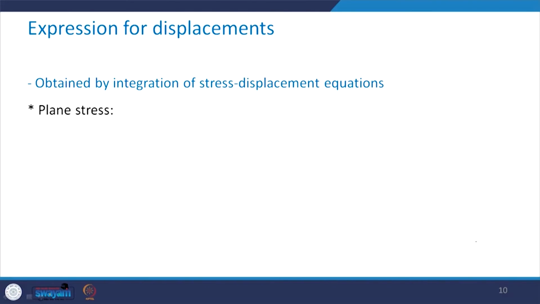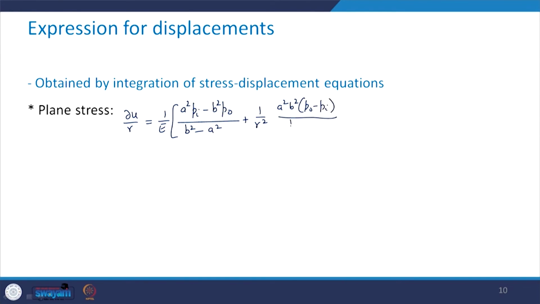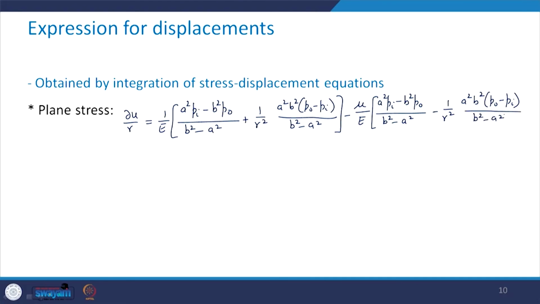So, we get this del u del r as 1 upon E [(a square pi minus b square po) divided by (b square minus a square) plus 1 upon r square (a square b square (p naught minus pi) divided by (b square minus a square))] minus mu upon E [(a square pi minus b square p naught) divided by (b square minus a square) minus 1 upon r square (a square b square (p naught minus pi) divided by (b square minus a square))].